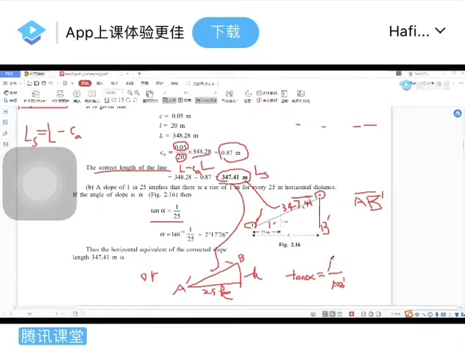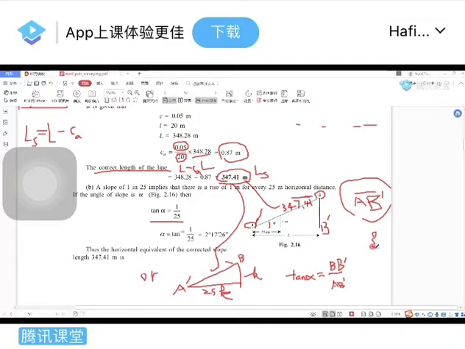It's your AB. This is AB, this is BB prime, the tangent of BB prime. Remember your target is to measure AB prime. This is your target.